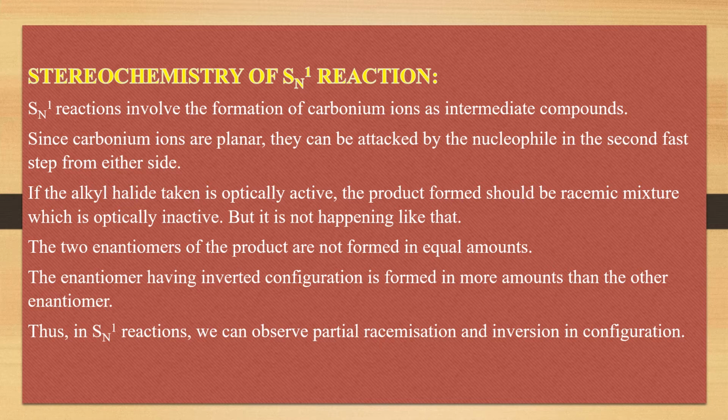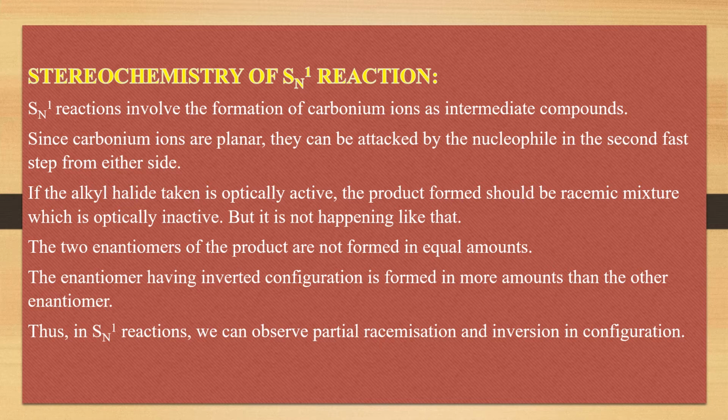So if the alkyl halide taken is optically active, then the product formed should be a racemic mixture, that means formation of enantiomers which is optically inactive. Always the racemic mixture will be optically inactive, students. The product formed should be compulsorily a racemic mixture and it should be optically inactive. But this is not happening.